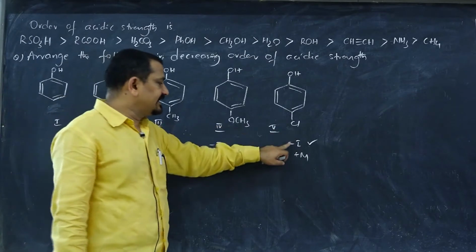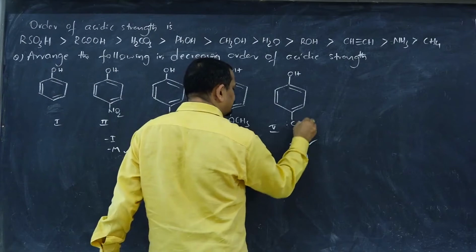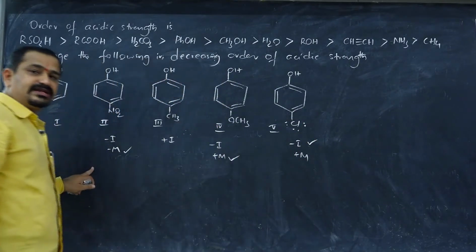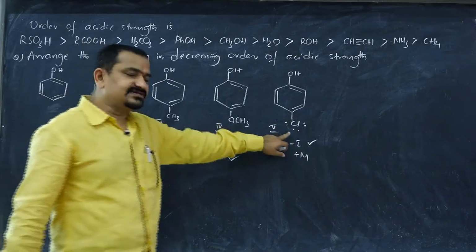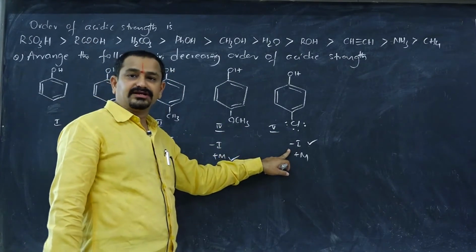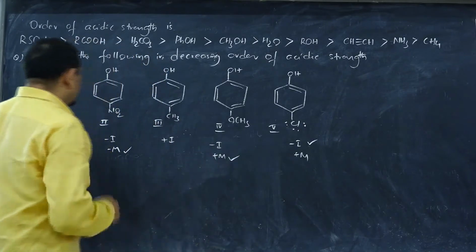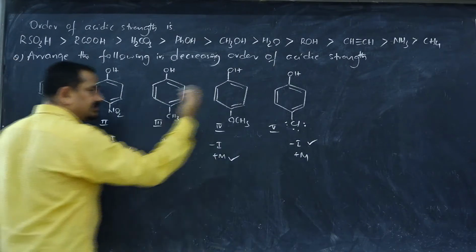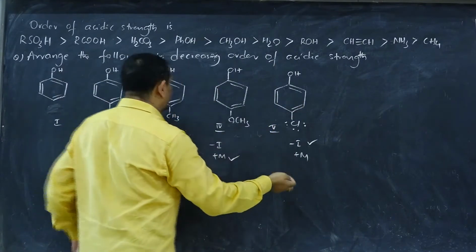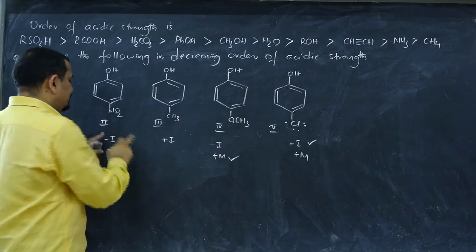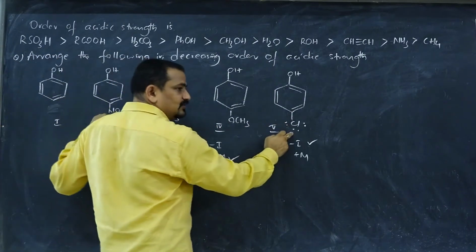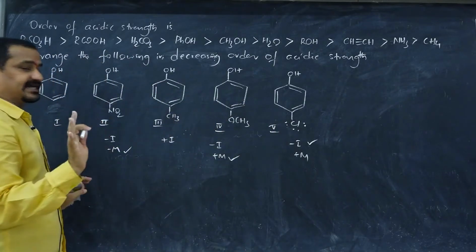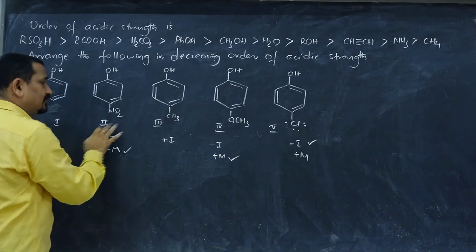And this is a negative inductive, but due to the presence of a lone pair, it has a positive mesomeric effect. Usually, among inductive and mesomeric effects, mesomeric dominates, but in the case of chlorine, the negative inductive effect dominates, the orientation effect, right? Whichever is operating, this is minus I, electron withdrawing, and this is also electron withdrawing. So among these five, due to the presence of electron withdrawing groups, these two are more acidic. So 2 and 5 are more acidic.